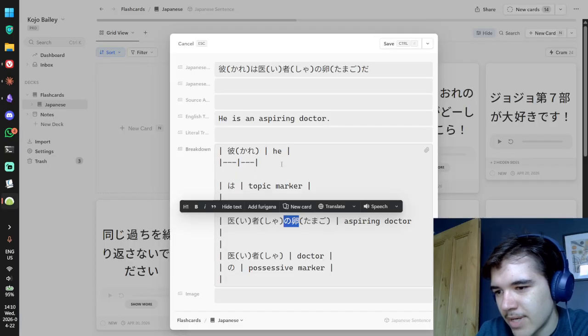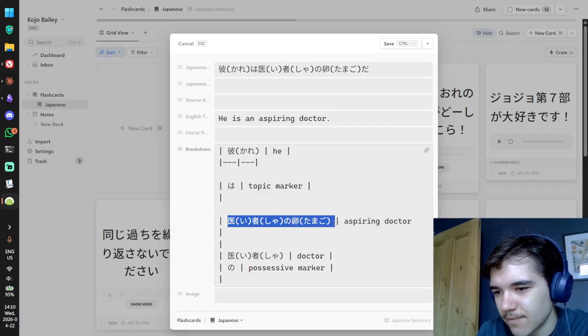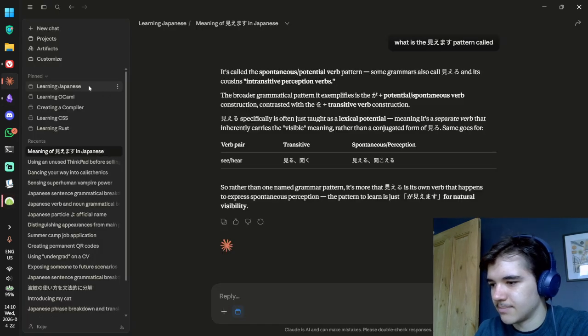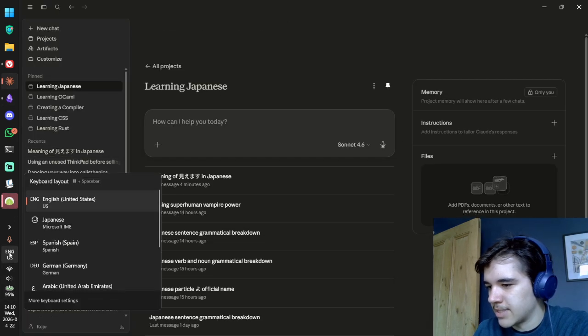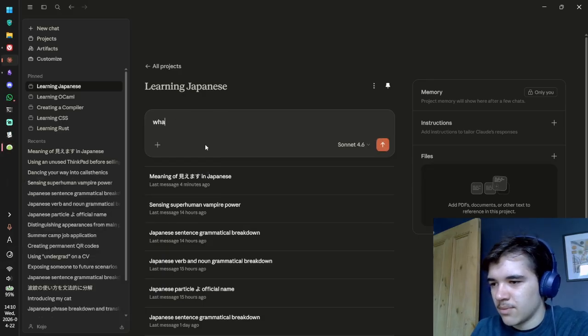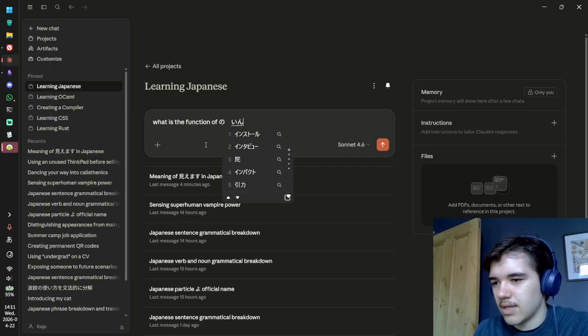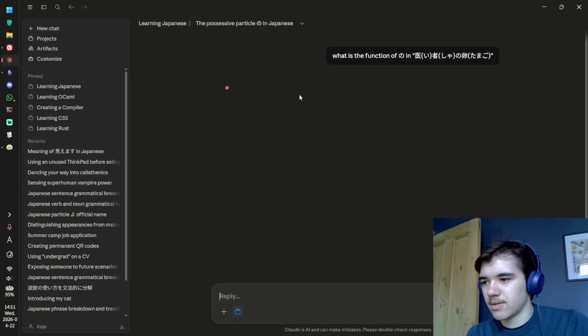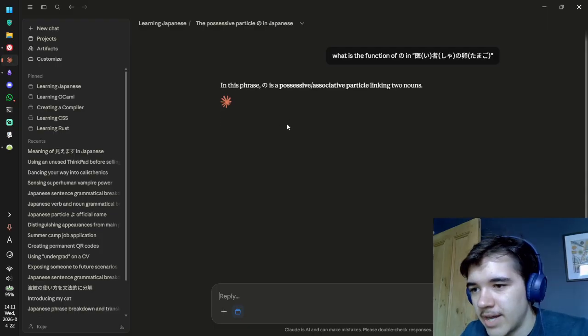Yeah, and in this case, it's quite interesting. It's not so straightforward. Let me ask here again. Let me switch to Japanese keyboard. What is the function of no in this phrase?